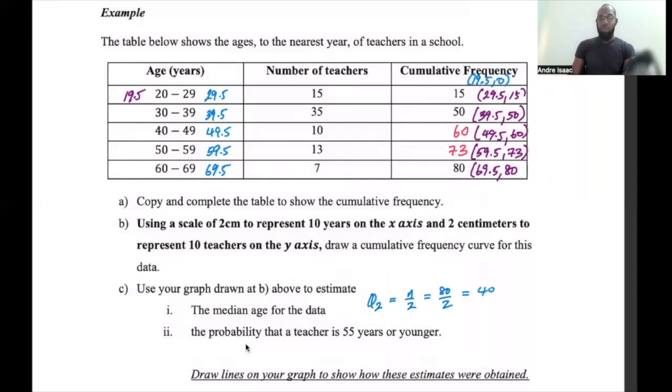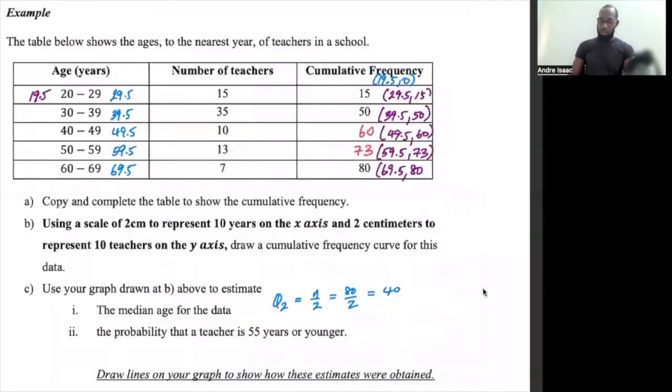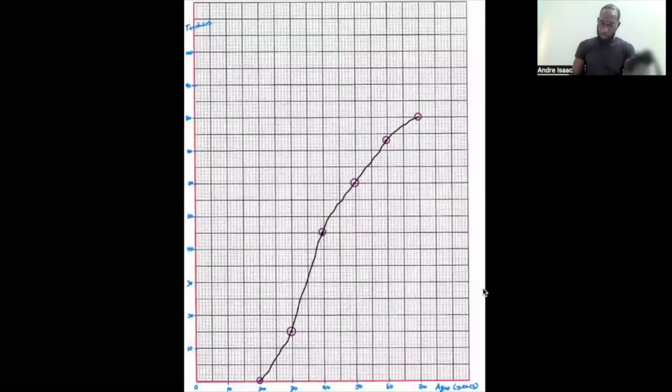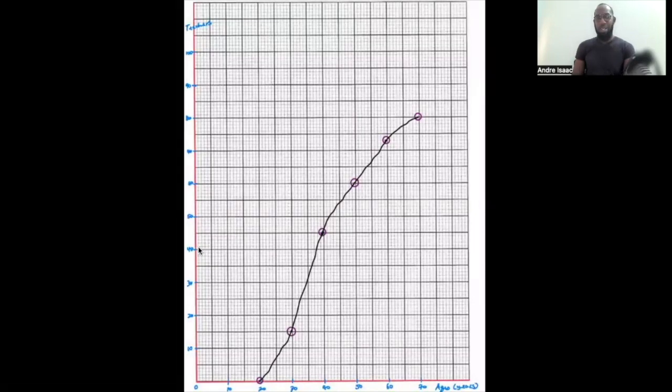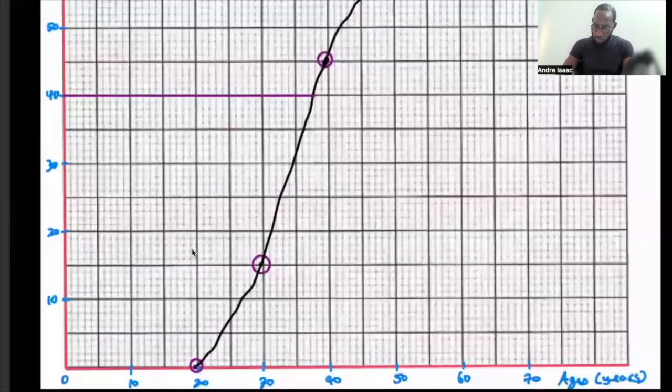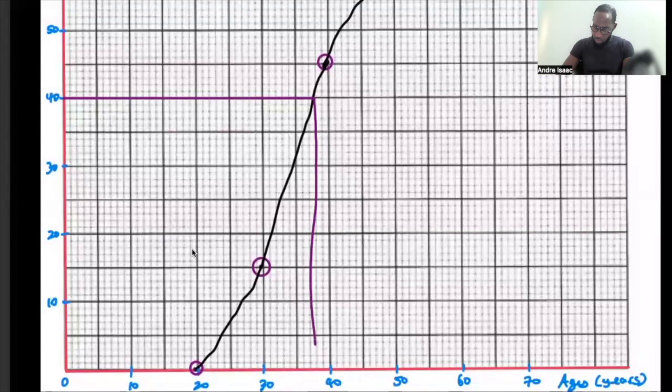So when you want the median age, the arrow is supposed to be pointing at the age axis. So we're starting at the median, 40, right? We start here, 40th as the average teacher. So 40, we're going across until we reach here. And then we're going straight down.